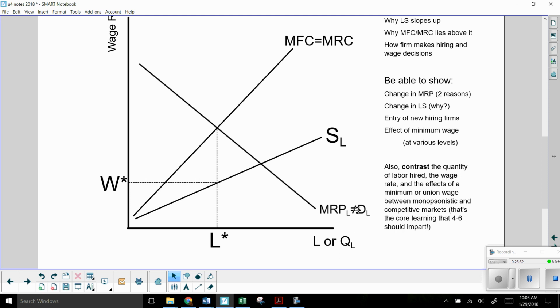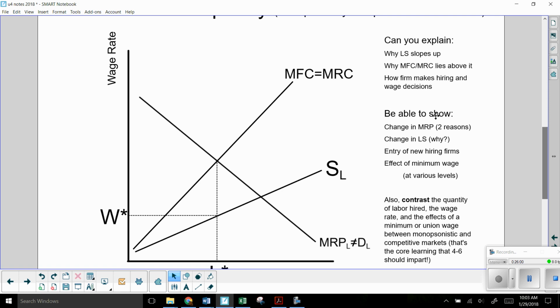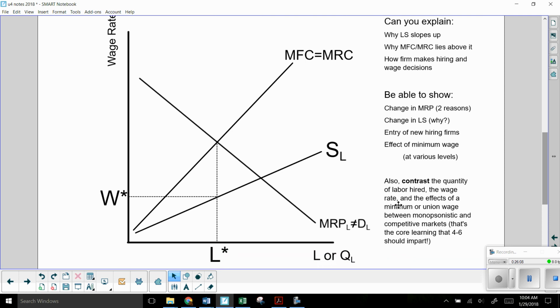In this case, it's not actually my demand for labor because I don't actually have a demand curve for labor. What am I going to do in terms of deciding how to hire workers? I'm going to hire the quantity where MFC equals MRP right there. I'm going to go down and say that's my L star, my profit maximizing quantity of labor to hire.